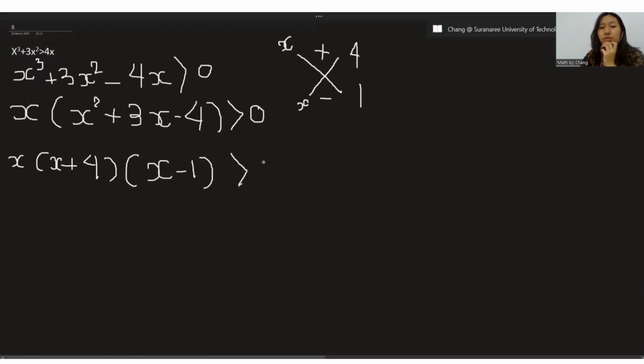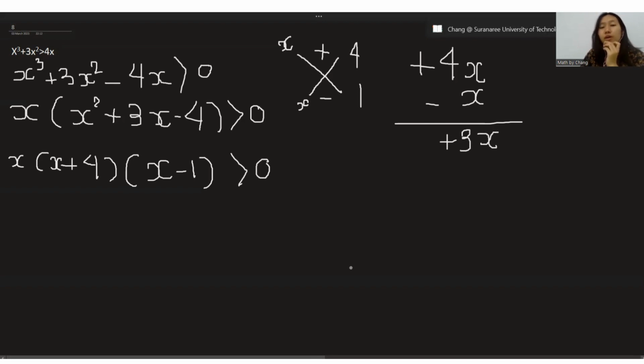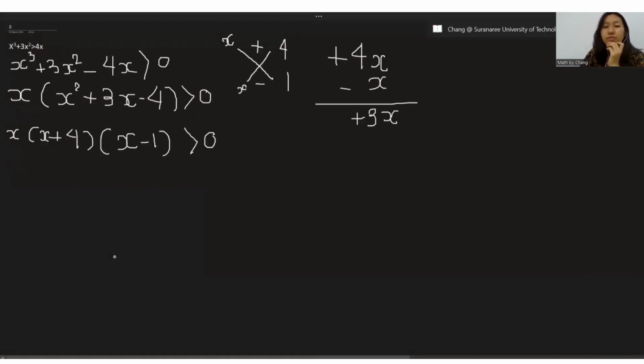You can check if it is correct or not. x times plus 4 gives plus 4x, and minus x times 1 gives minus x. If you combine these two, you will get plus 3x, which is the middle term, so it's correct.